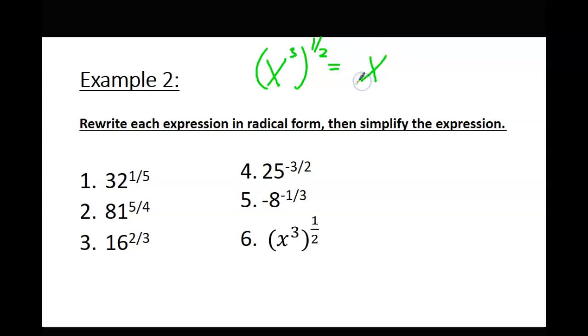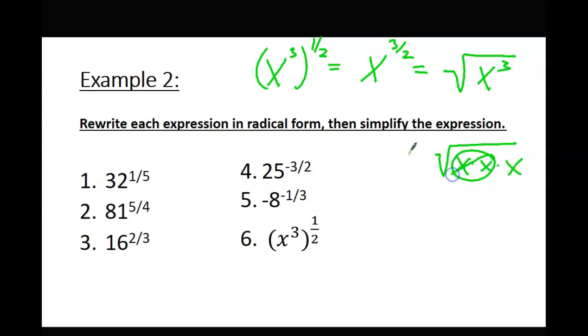So this is going to be x to the 3 over 2, which in radical form is the square root of x cubed. And x cubed is x times x times x, which means I can take out an x, x square root of x. Okay, that's it.